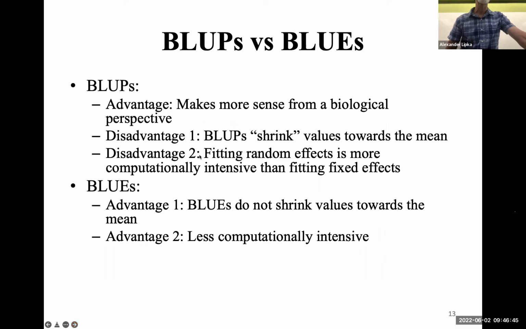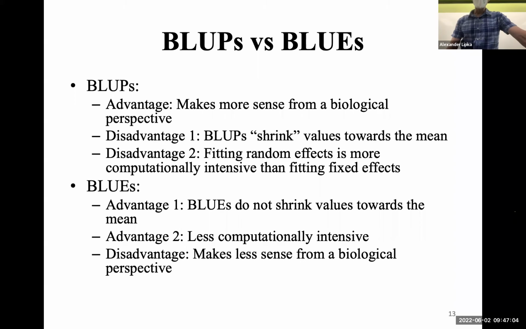Fitting a random effects model can open up a can of worms in terms of computational time to fit the model. BLUs do not have that problem because you can use traditional least squares approaches to obtain BLUs. And then another disadvantage of BLUs is that they make less sense from a biological perspective.